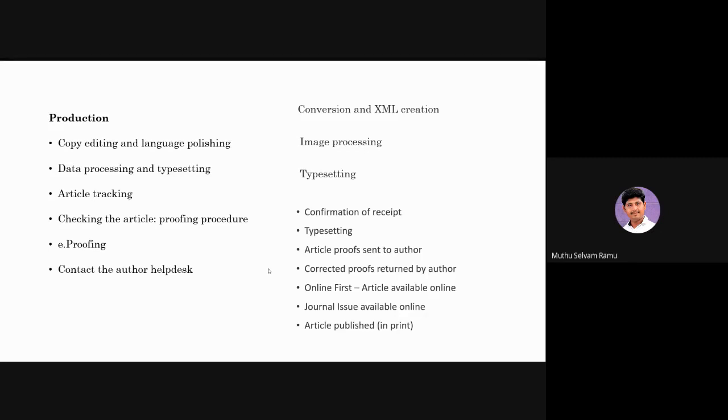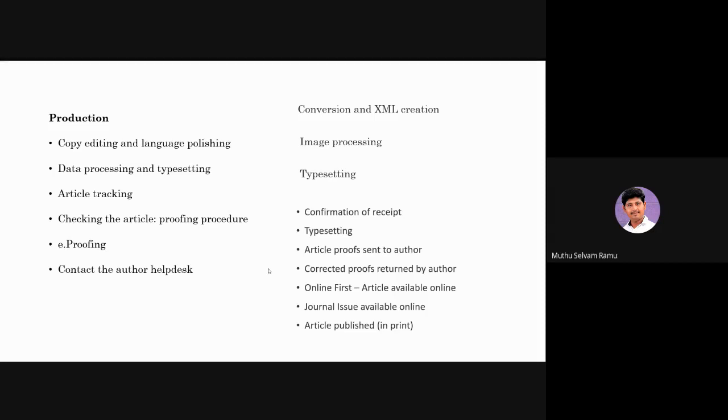As I have already mentioned, there are many society journals and many publishers, like Elsevier, Springer, Wiley Blackwell, and societies like the Proton Society of India, with ICAR, ICMR. They have also published a few journals.